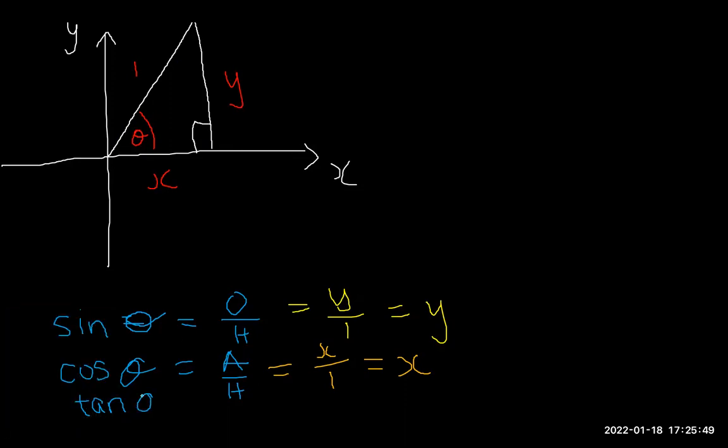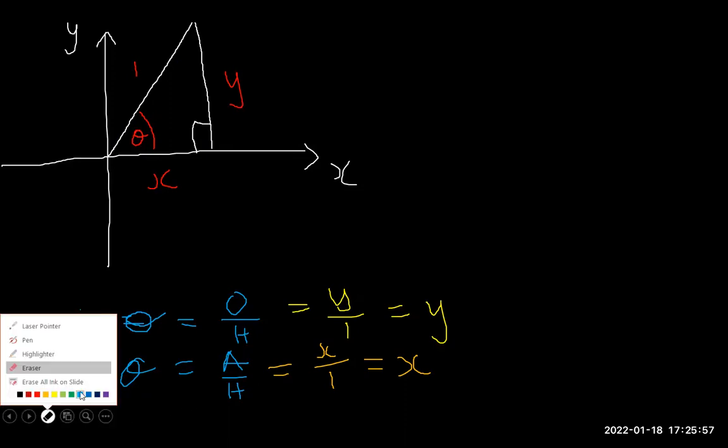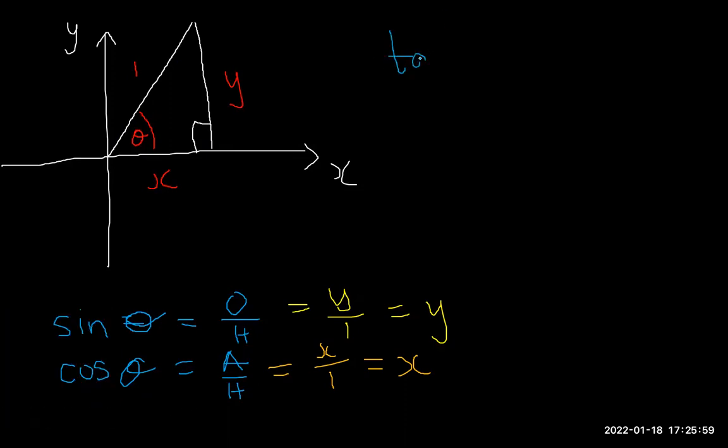Tan theta. We know the formula for tan theta. Okay, I don't really have space down there, so let me go up. It's the same thing I'm writing down. Tan theta is equal to the opposite over the adjacent. So the opposite side over the adjacent side.